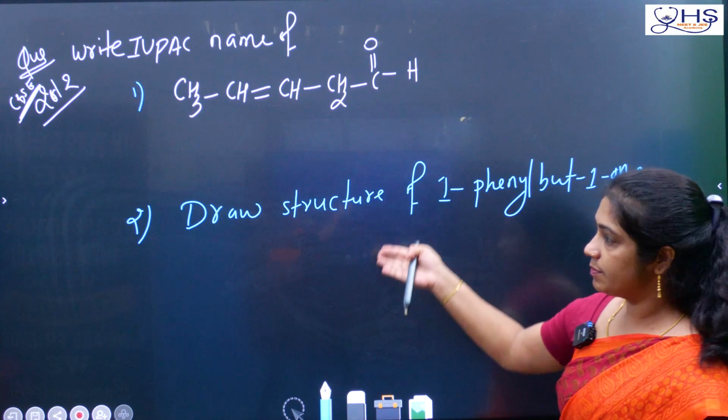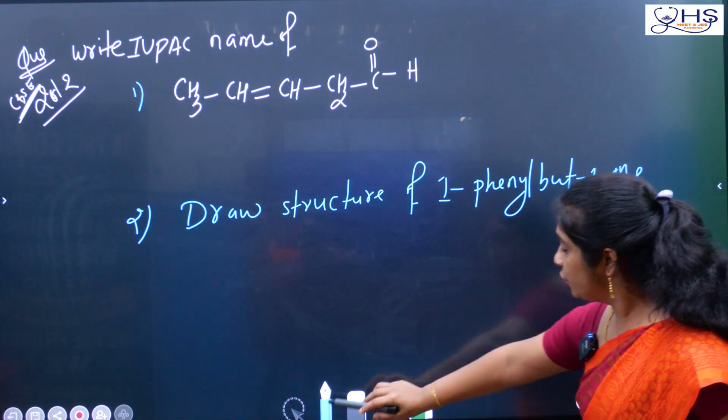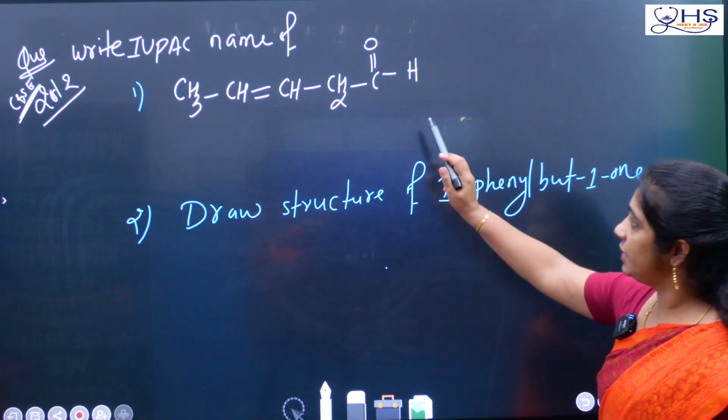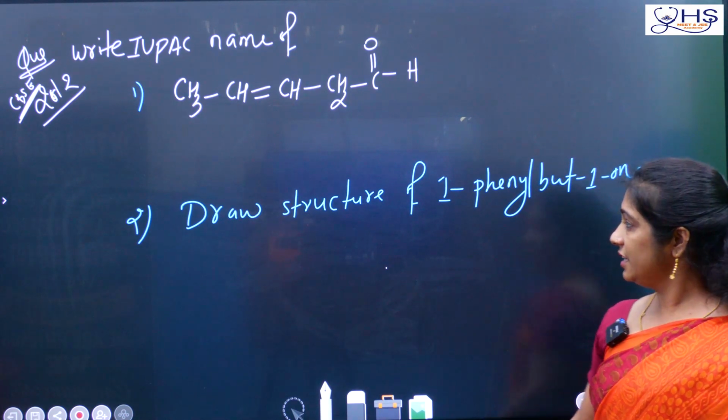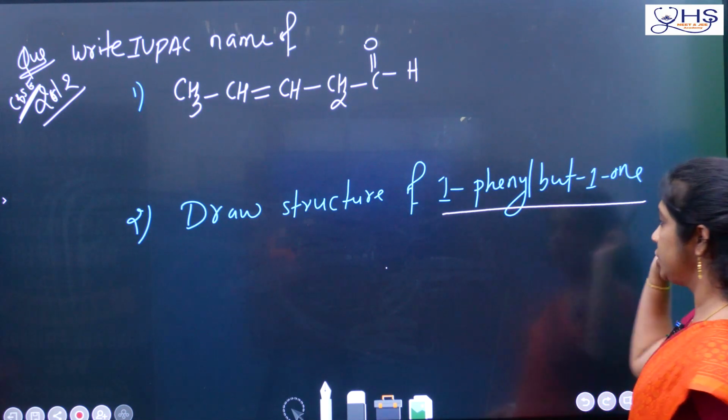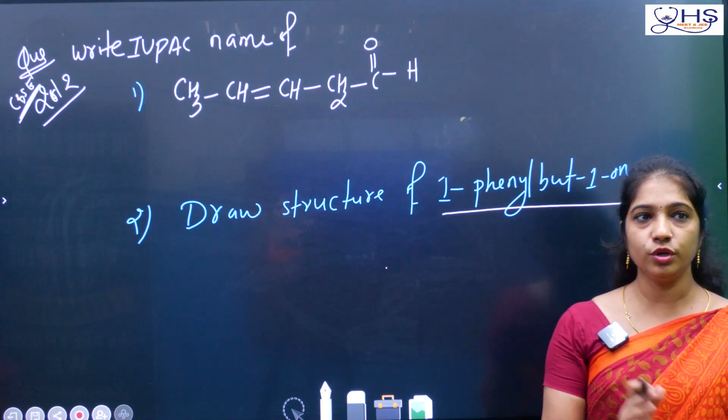So they can ask you two types of questions: one, by giving the structure they ask you to write the name; another, by giving the name they ask you to write the structure. So you should be thorough with both kinds of questions.